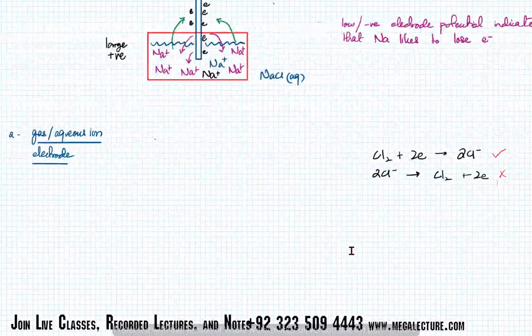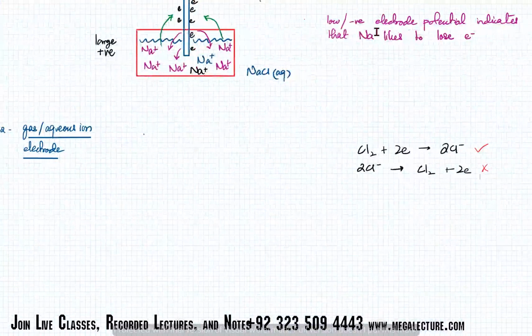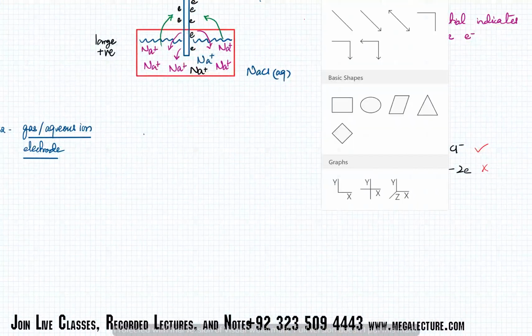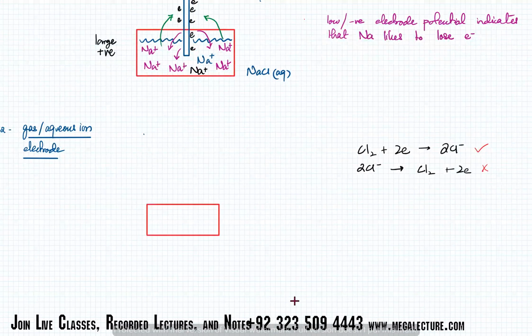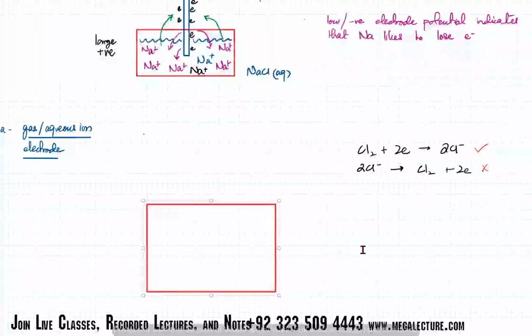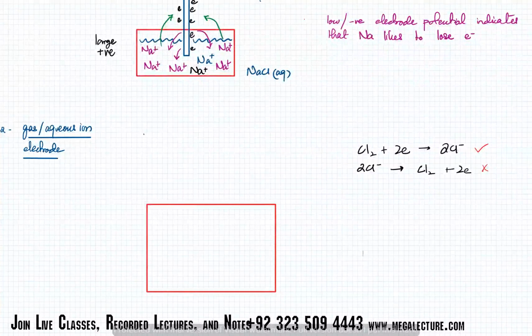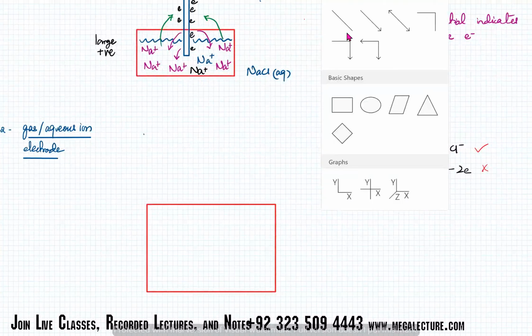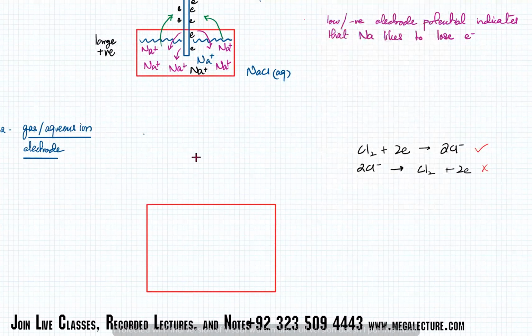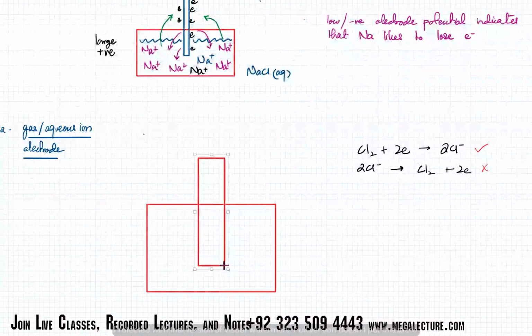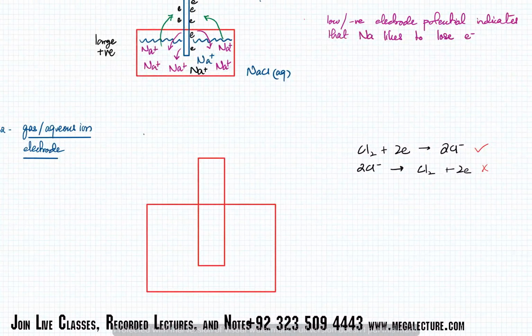So now the concept is exactly the same except it involves a gas. What's going to happen is you're going to have a gas electrode, which would look like this.